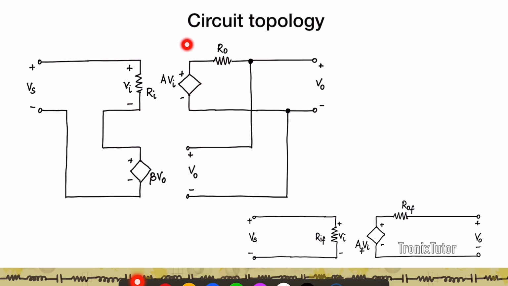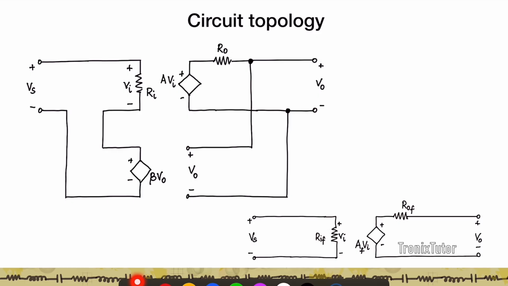So again, I have a voltage amplifier. A is a voltage amplifier. My beta network is sampling a voltage and returning a voltage back. And ideally, if you look at the feedback, post feedback, I can represent this entire circuit, or my goal is to represent this entire circuit as a voltage amplifier with some input voltage Vs, some output voltage V naught, with an input resistance which is given by RIF.